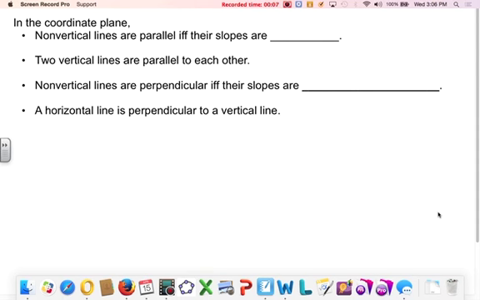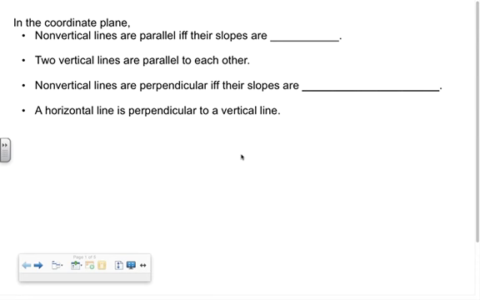In this video, we're talking about the relationship between the slopes of parallel lines and the slopes of perpendicular lines. The first part of it should just make sense.